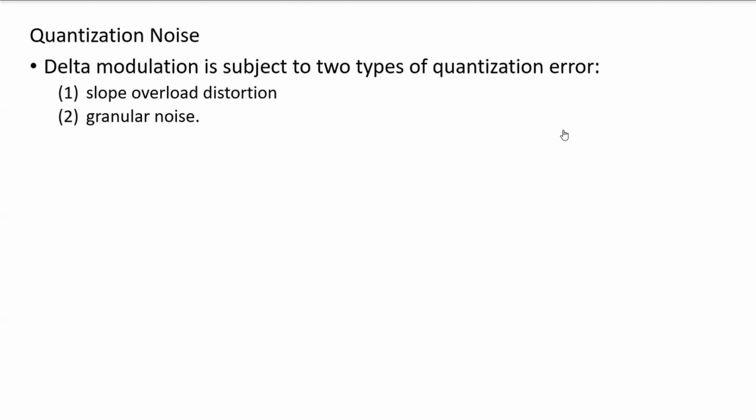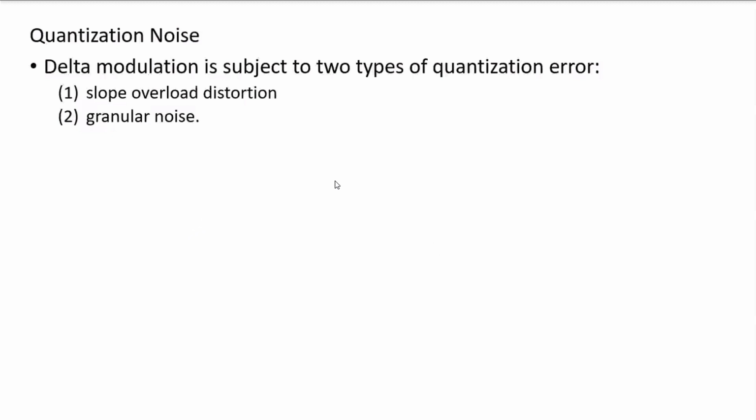There is a possibility of a continuous slope in the signal, and if a signal is stable for some time, there will be granular noise. What will happen with the performance of the delta modulation scheme?